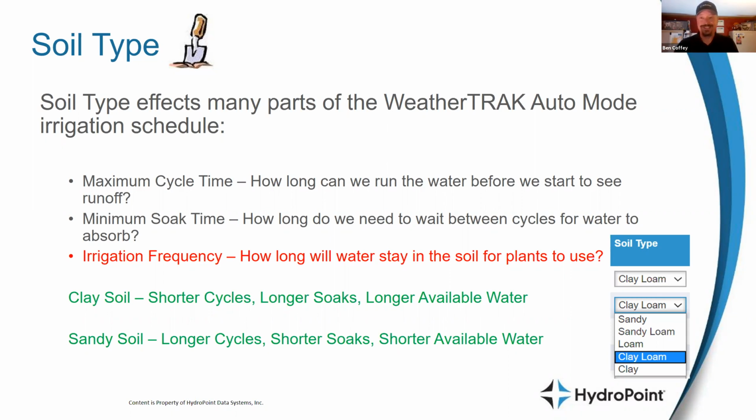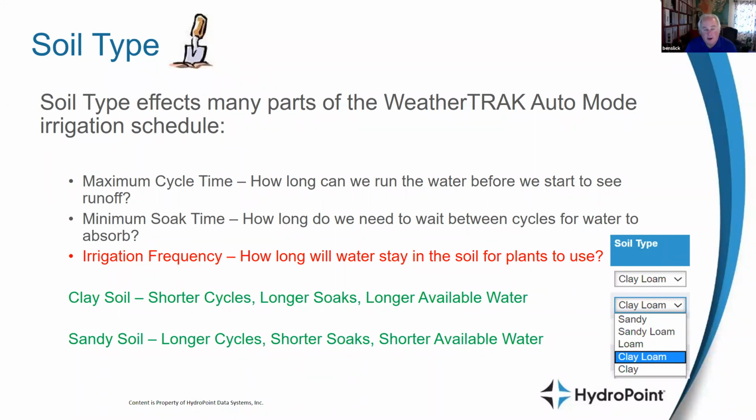Because the soil plays so many roles in how we irrigate, we had to touch on irrigation frequency. That idea that clay soils will hold water a lot longer than sandy soils and have it available. So when it comes to irrigation frequency, it really spreads out the number of days that we can wait in between irrigation.